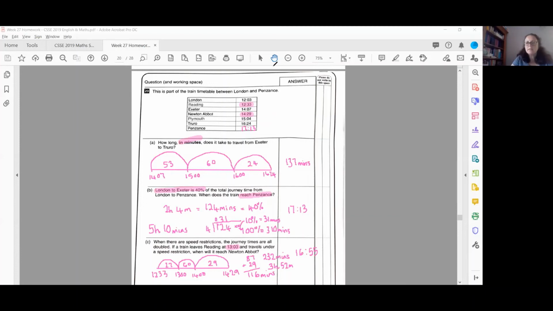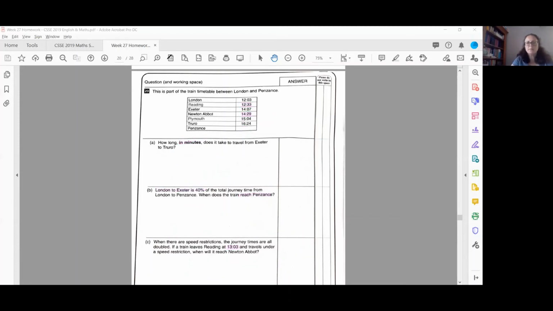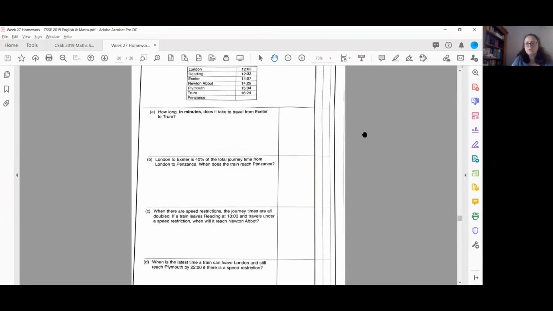So let's clear all that off and come down to have a look at part D. Let me just, I can see the timetable on there. So when is the latest time a train can leave London and still reach Plymouth by 2200 if there is a speed restriction? So leaving Plymouth at 15:04 and it reaches London at 12:03.